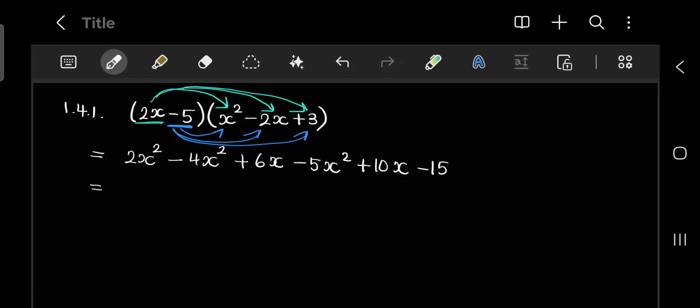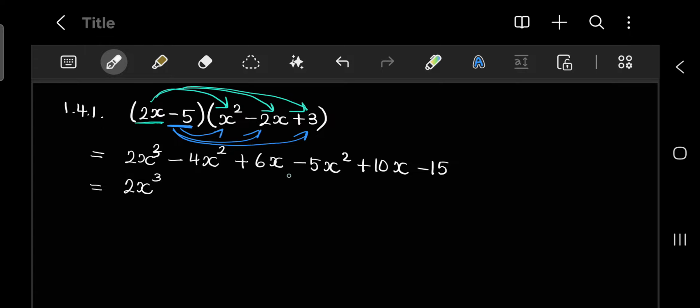Now we have to get the like terms. Actually, slight oversight, 2x times x squared is going to be 2x cubed. Okay, sorry about that. So there is no like term for that. Let's go on to the terms that have x squared in it.